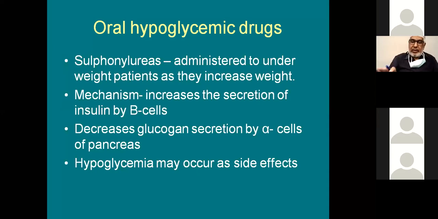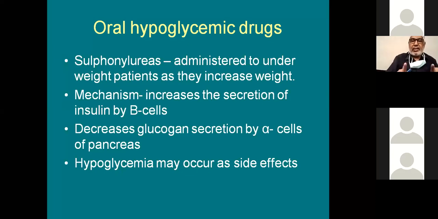So with this, in addition, they decrease the glucagon secretion by the alpha cells of the pancreas. You are well aware that alpha and beta cells have the opposite actions. Increase the secretion of insulin by the beta cells and decrease the glucagon secretion by the alpha cells.